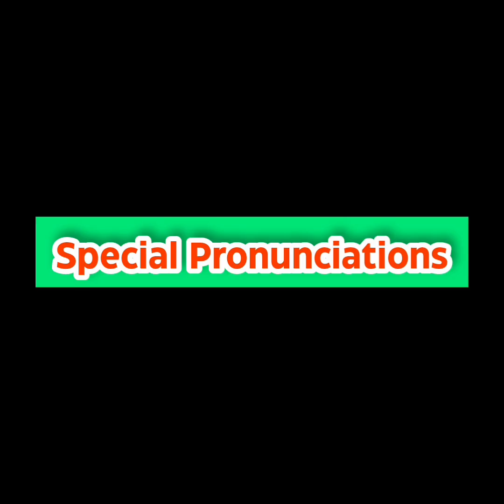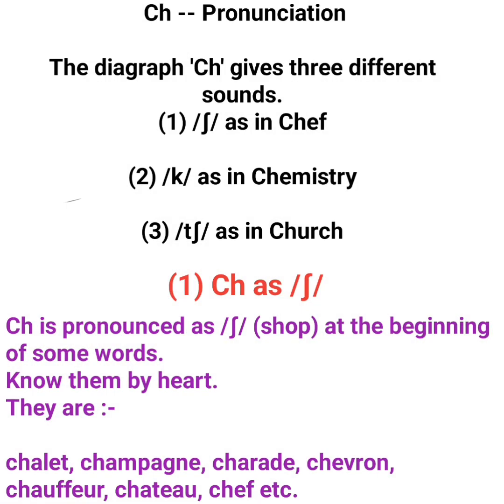The first digraph we are going to examine is CH. The digraph CH gives three different sounds. The first sound is sh, as in chef. The second is the K sound, as in chemistry.